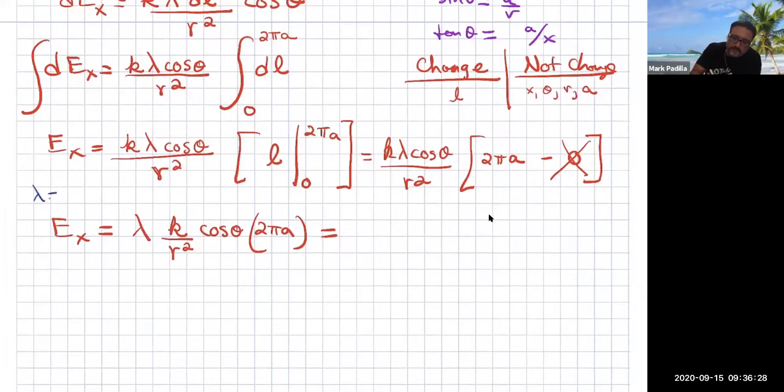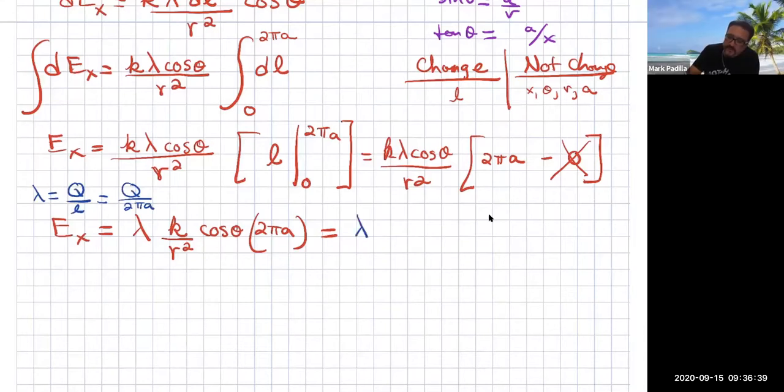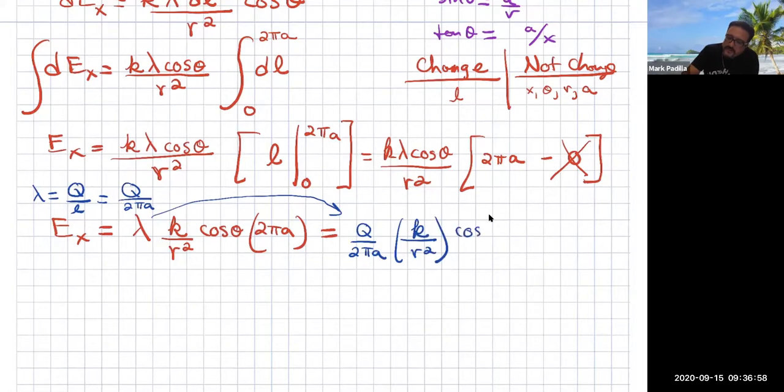What's the length of the circle? The circumference, 2 pi a. So I'm going to write lambda as q over 2 pi a, k over r squared, cosine theta times 2 pi a. So 2 pi a cancels out just by plugging in what lambda is equal to.